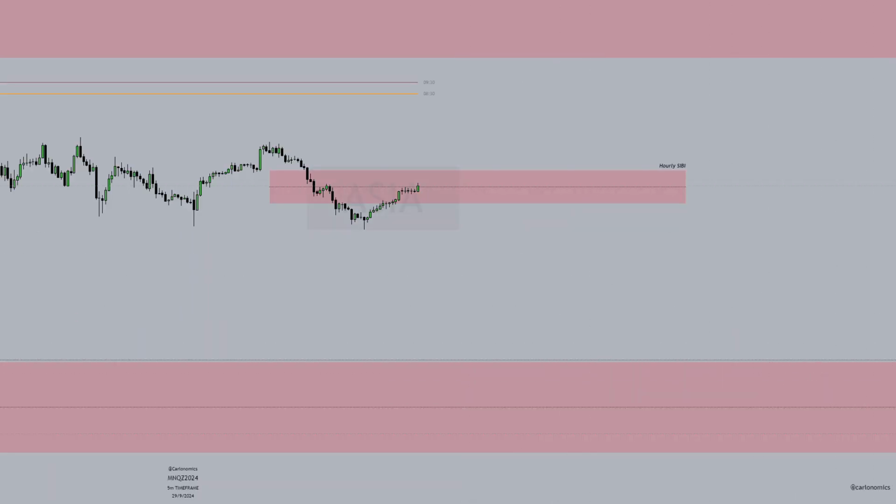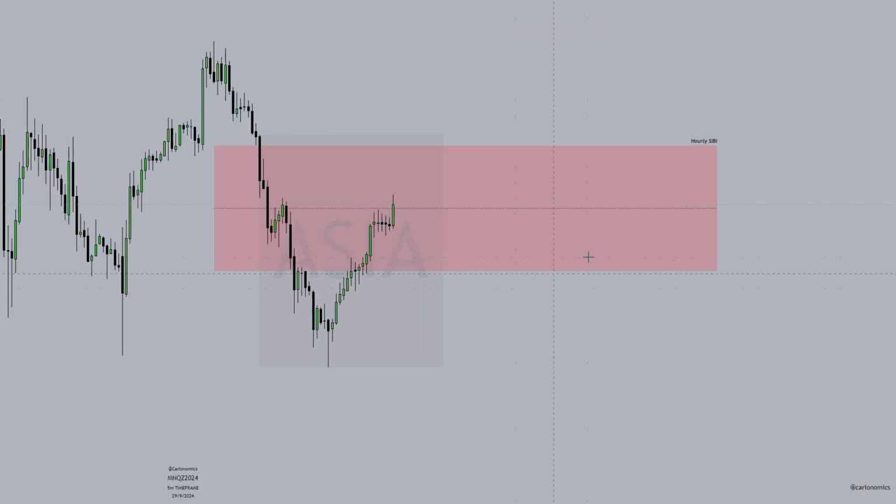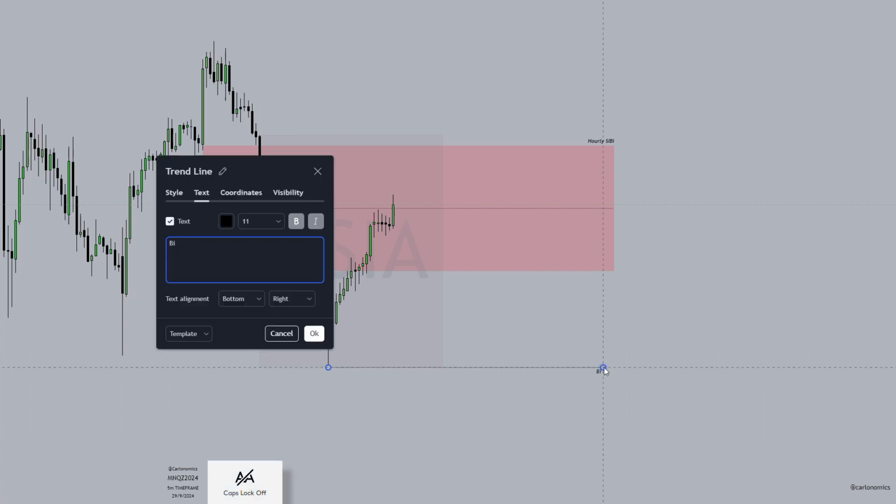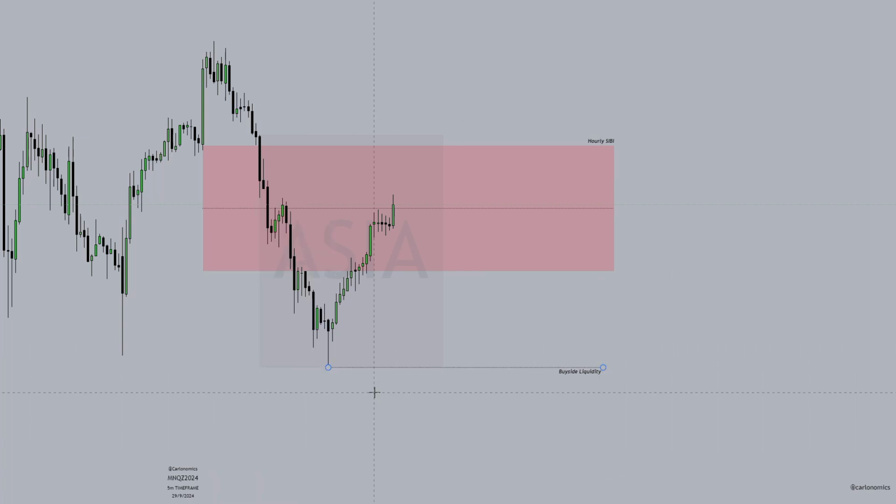This is your hourly SIBI down here, and we have liquidity resting right below here. This is your buy side liquidity. Your target would be this low from this hourly fair value gap.